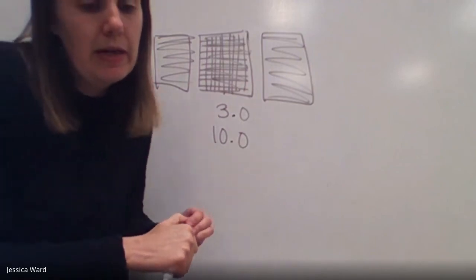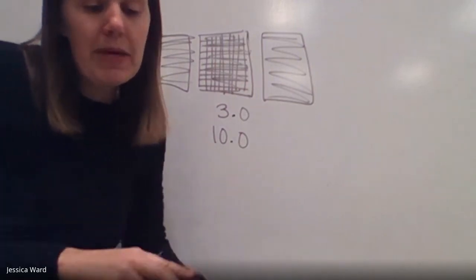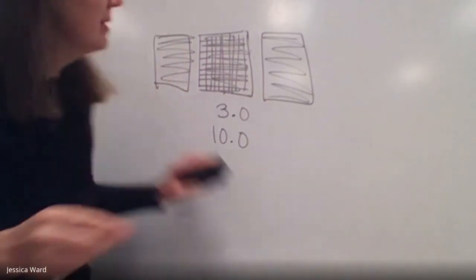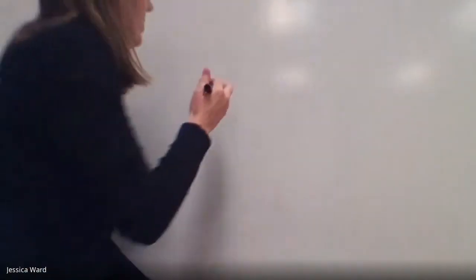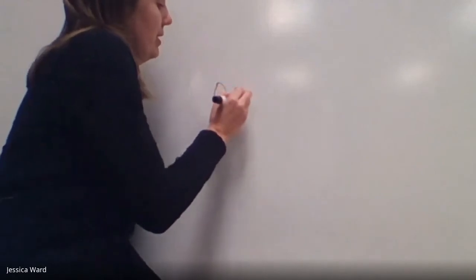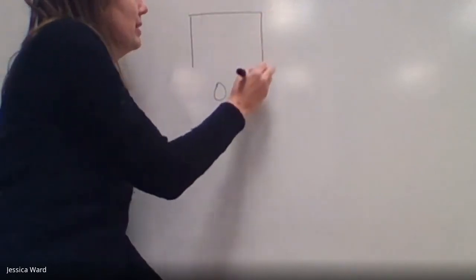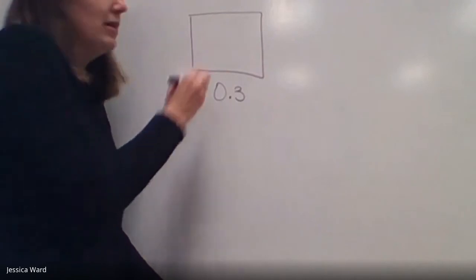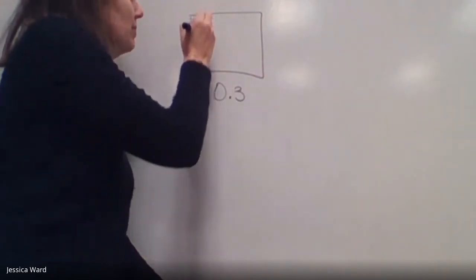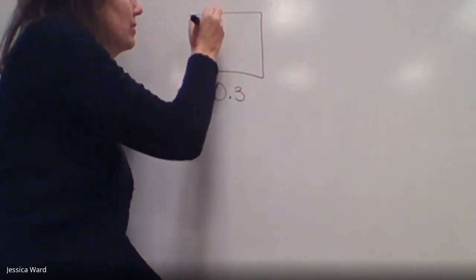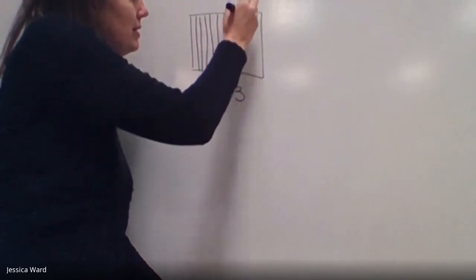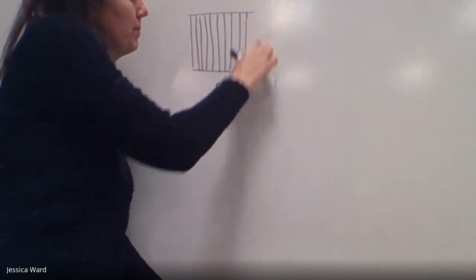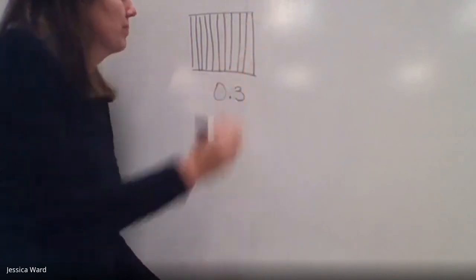Okay? Now let's go ahead and move on to Model B. Model B says now we have 0.3. I still have my grid, so we have 3/10. So my grid is broken up into 1, 2, 3, 4, 5, 6, 7, 8, 9, 10 equal parts.